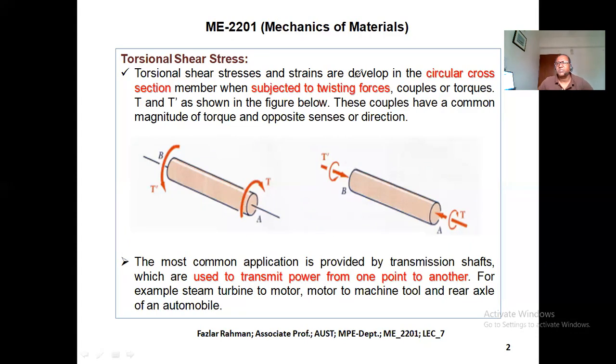That's the purpose of this chapter. Common applications of transmission shafts are in a turbine, a motor to a machine tool, and the rear axle of an automobile. Those are examples of torque in a circular shaft.